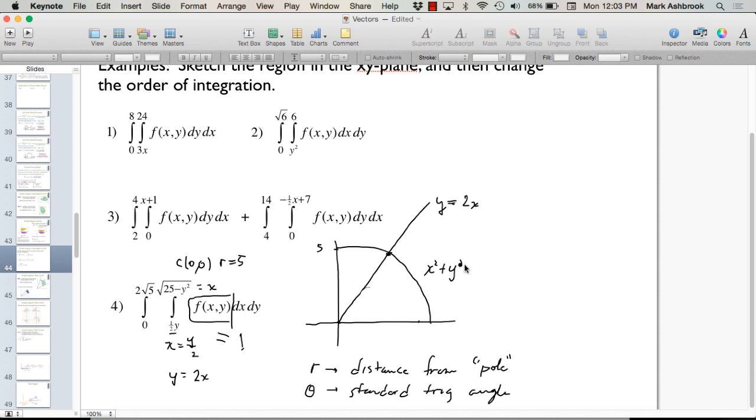If we're going to convert this into r and theta, changing the coordinate system from x and y into r and theta, what would the circle be? What defines all points on the circle in terms of r and theta? r equals 5, right? Because this is all points that are exactly 5 units from the pole. So this is r equals 5.